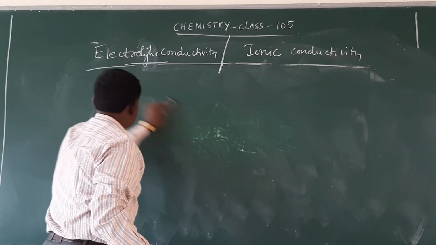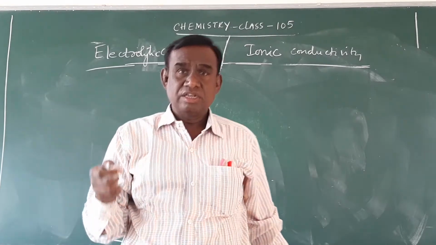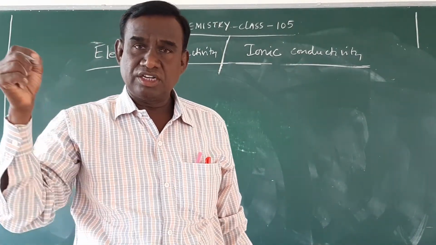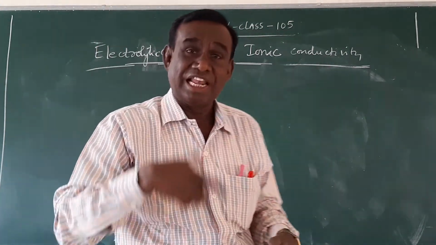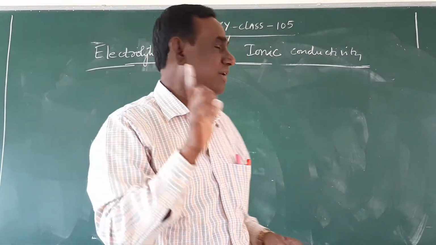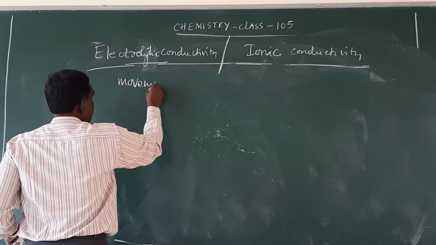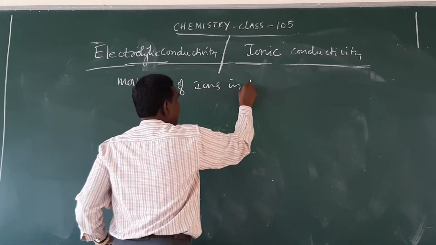What is the difference between electrical and electrolytic? Electrical means the movement of electrons in the conductor. Electrolytic means the movement of ions in the electrolyte solution.